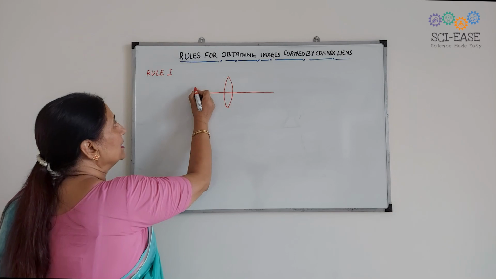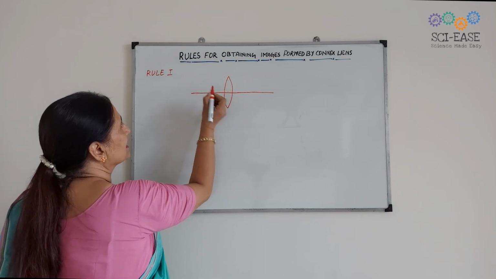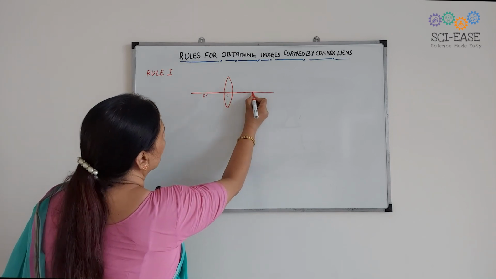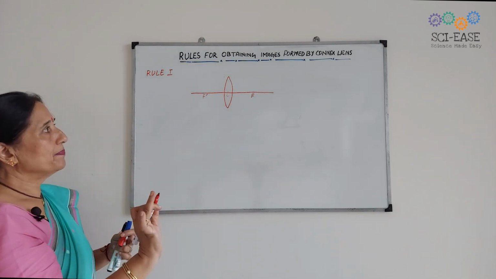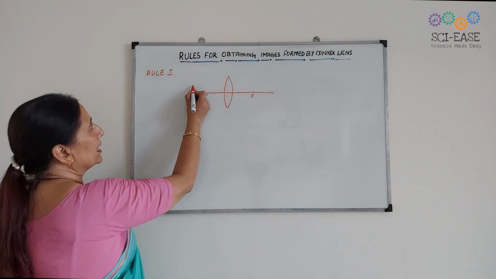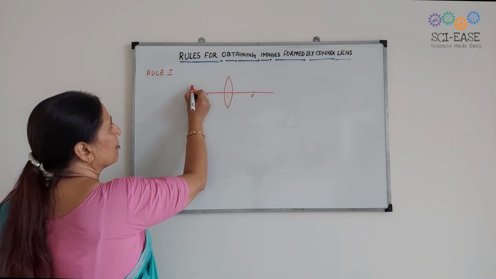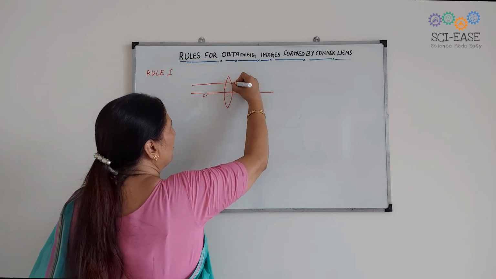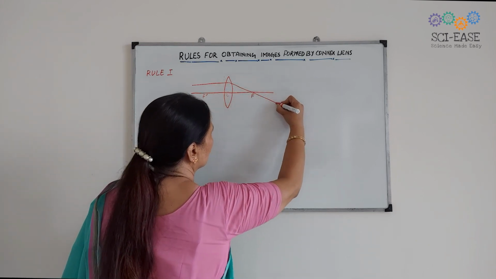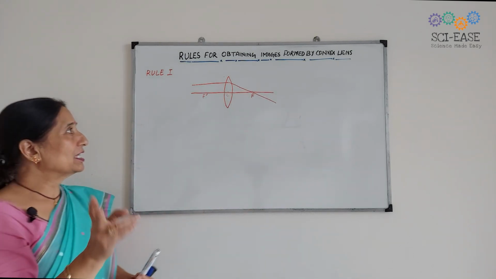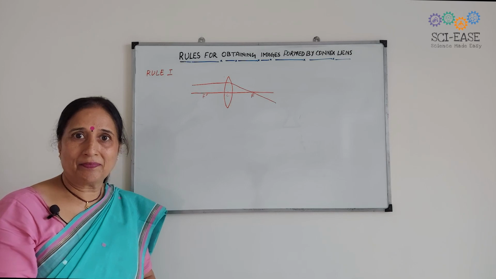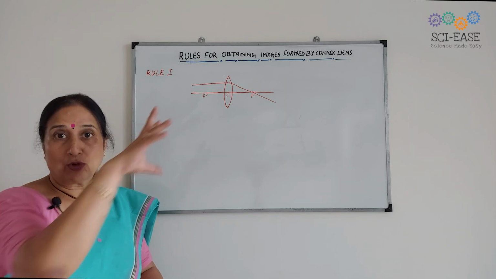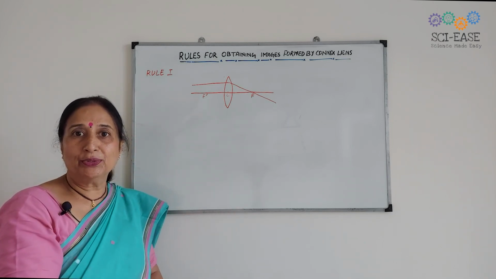The first rule is when the ray is parallel to the principal axis. This is C, F dash at approximately the same distance, and F. Okay, this is F. Now the ray parallel to the principal axis, when it strikes the lens, after refraction will pass through the focus. We will consider two rays, out of these three rules which I am going to tell you.